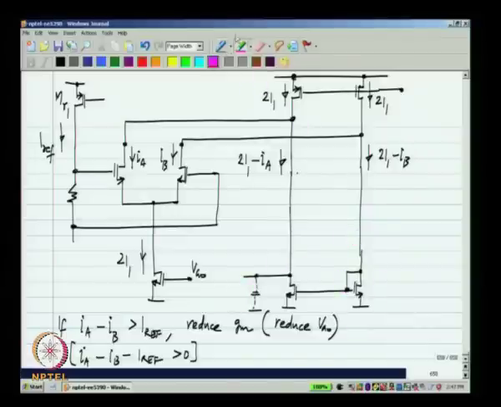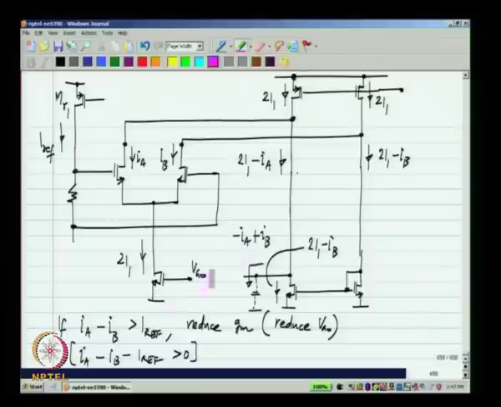If I use another current mirror like this, what happens is here I get this current will be 2I1 minus IB as well, it is simply the same as that current. So a current of minus IA plus IB tends to flow in this one, okay. Now what happens is this voltage will increase or decrease depending on whether this current is positive or negative.